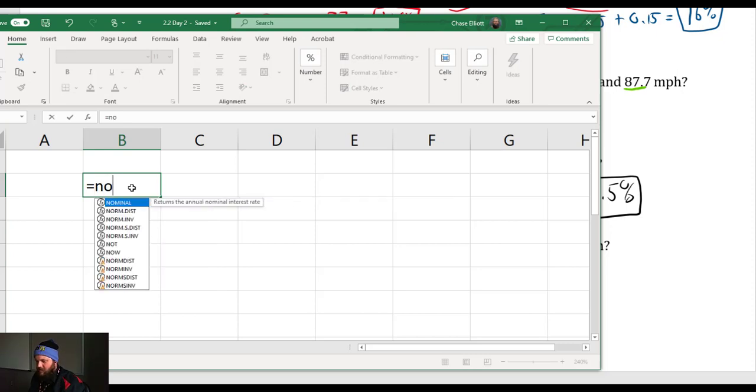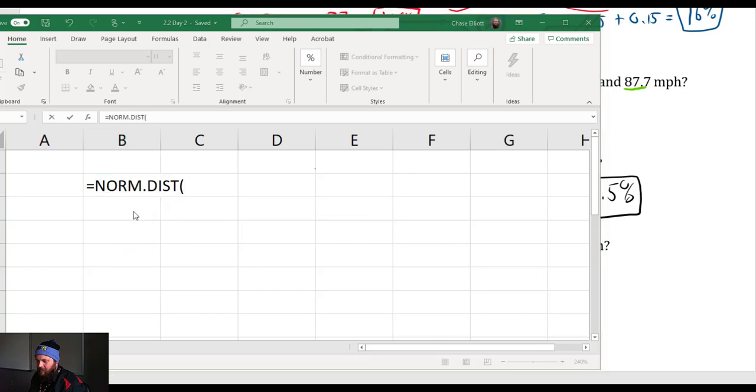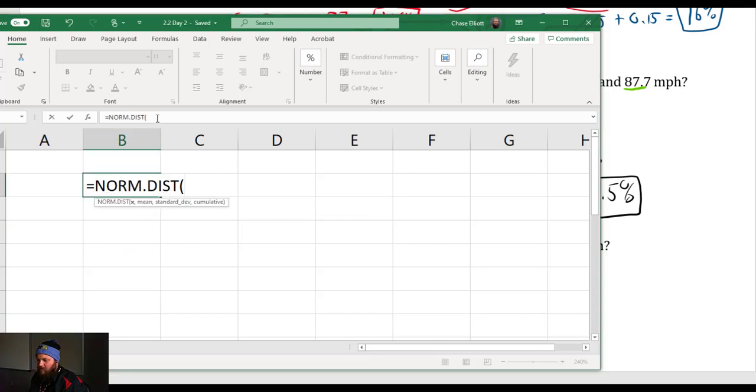It should give you a list there. And you want the norm distribution, so norm.dist. Now, within the normal distribution, it tells you what you need to put there. X is the actual value you're looking for. So in this case, our z-score.